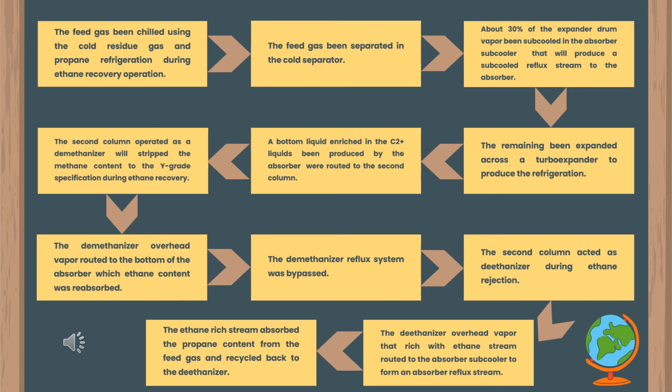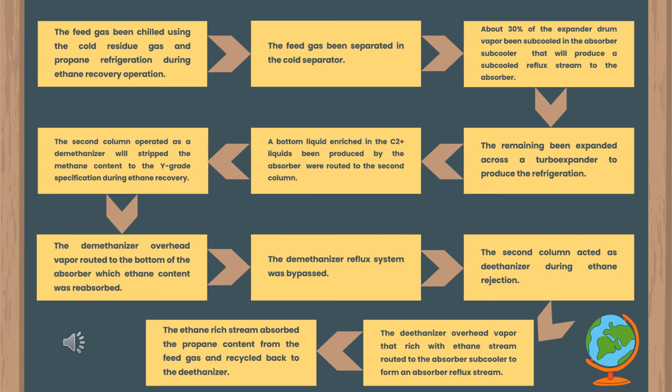A bottom liquid enriched in C2 plus liquids is produced by the absorber and routed to the second column. The second column operates as a demethanizer, stripping the methane content to the Y-grade specification during ethane recovery. The demethanizer overhead vapor is routed to the bottom of the absorber, where the ethane content is reabsorbed.